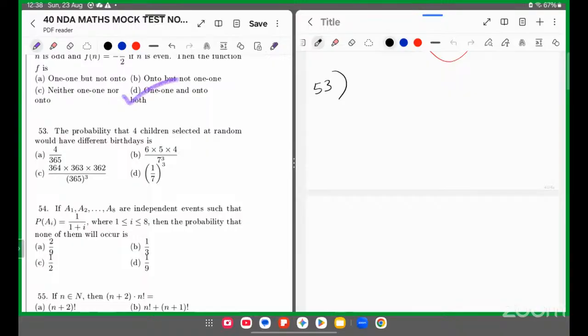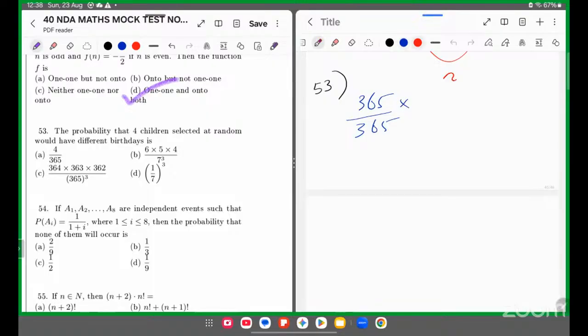So for the first student, we have 365 out of 365. The year can be considered as a non-leap year because leap year is not mentioned.